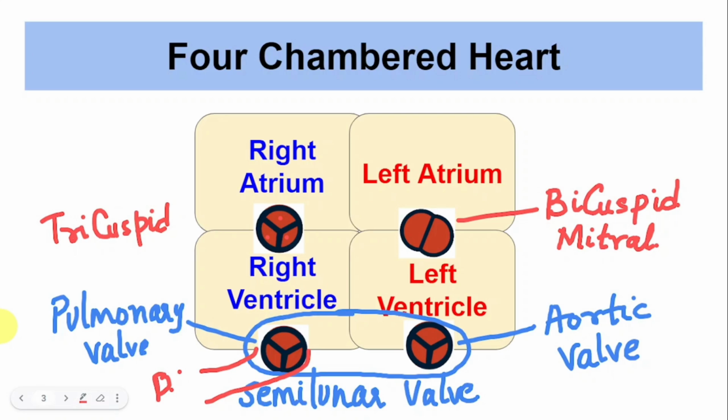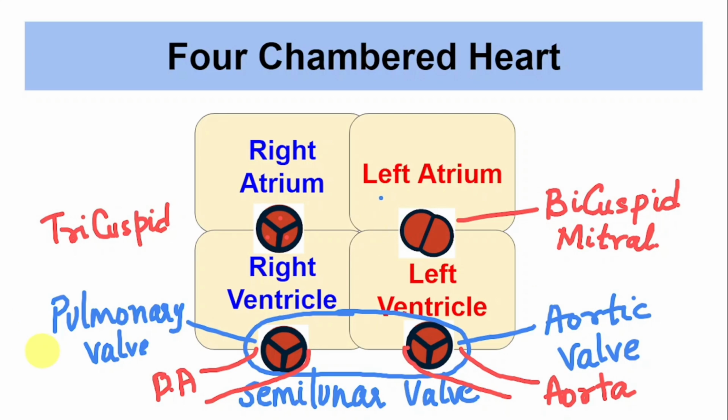Pulmonary artery is the only artery which carries deoxygenated blood. And this valve is called the aortic valve because the blood will flow into the aorta. If you notice here, all these three valves have three cusps. Only this one is the bicuspid valve.